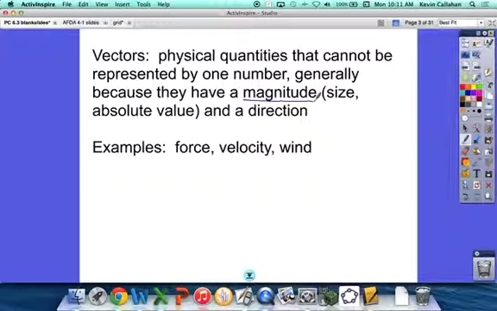And velocity is a word that we actually use. In your mind, if it said, what does velocity mean? You would probably say speed. But actually, velocity is a vector which has a magnitude, and the magnitude is called speed, and it has a direction. So I can have a velocity that's taking me in this direction or that direction.